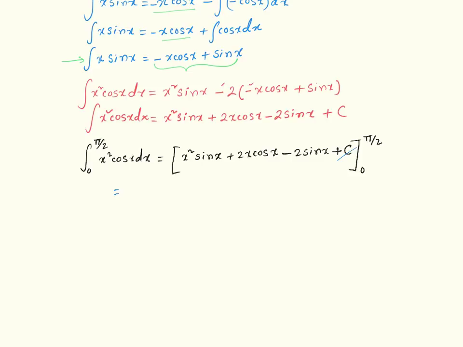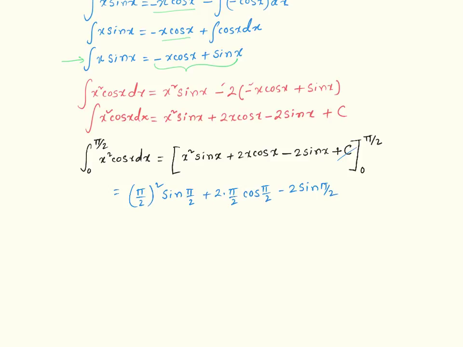So x square, so pi over 2 is going to be pi over 2 whole square times sine of pi over 2 plus 2 times pi over 2 times cosine of pi over 2 minus 2 times sine of pi over 2.